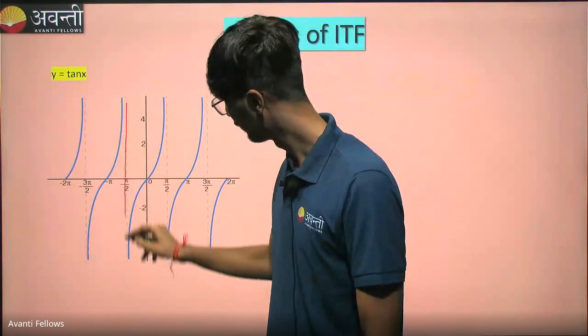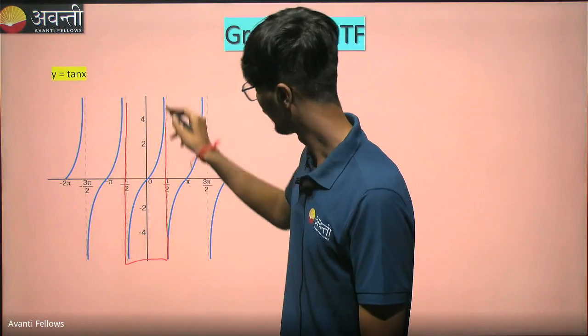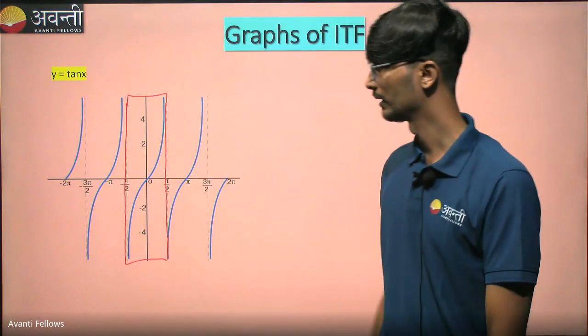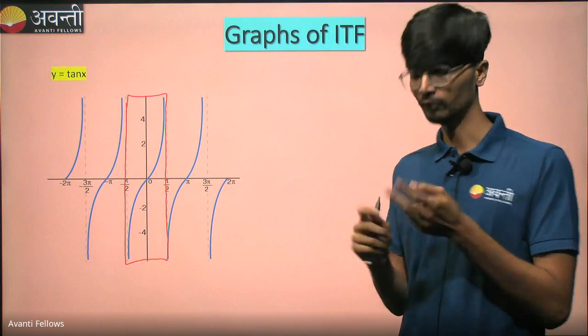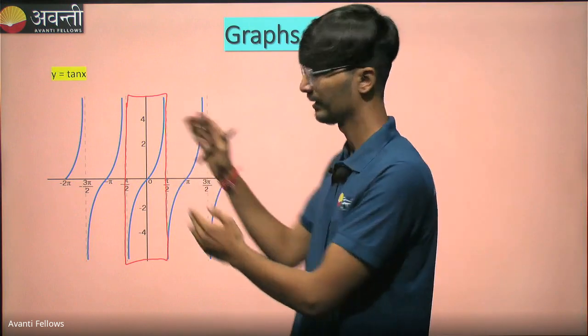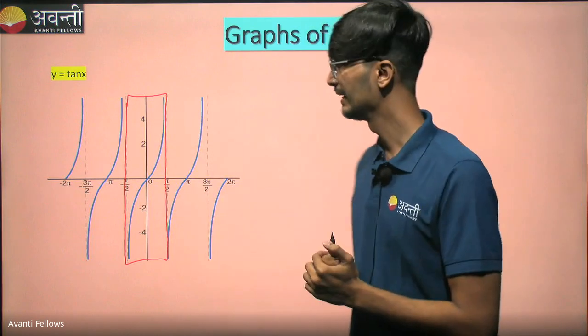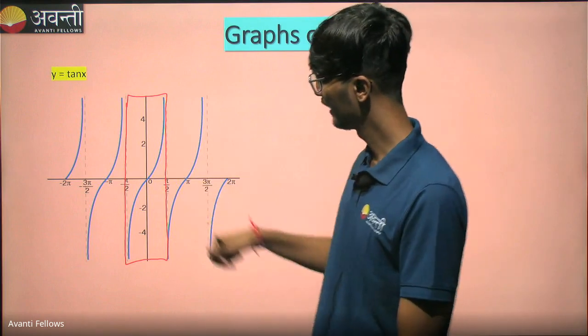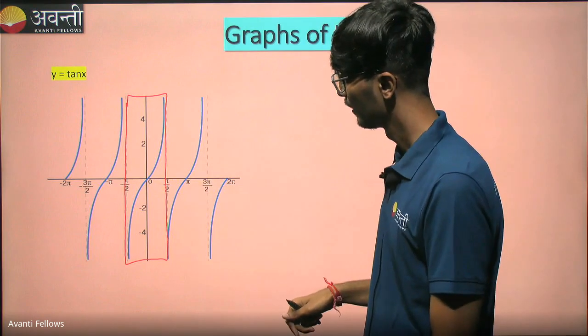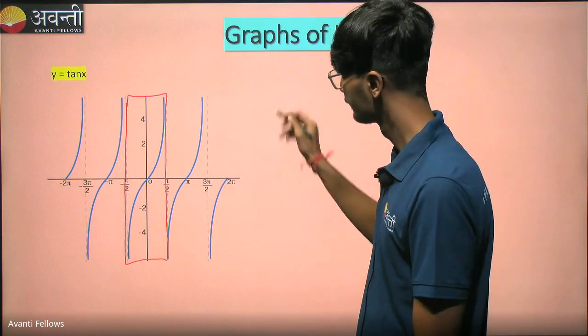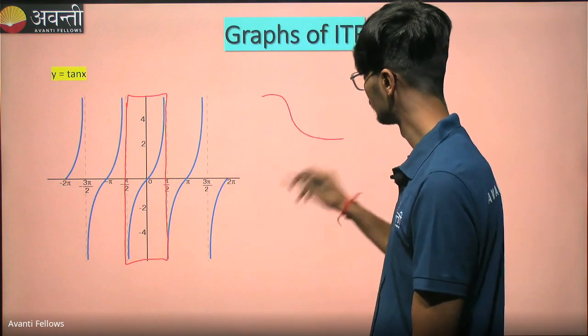From minus π/2 to π/2. This was the part. What are the two steps? Rotate 90 degrees anti-clockwise. If I rotate it 90 degrees anti-clockwise, I'll get something like this.